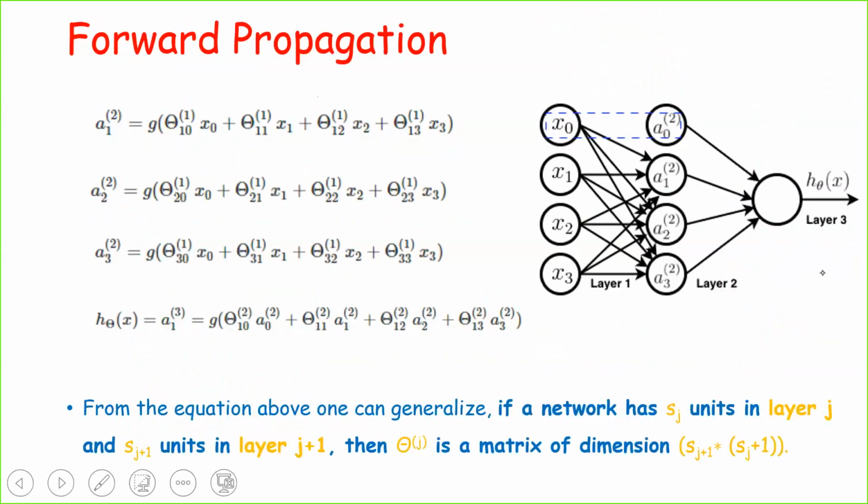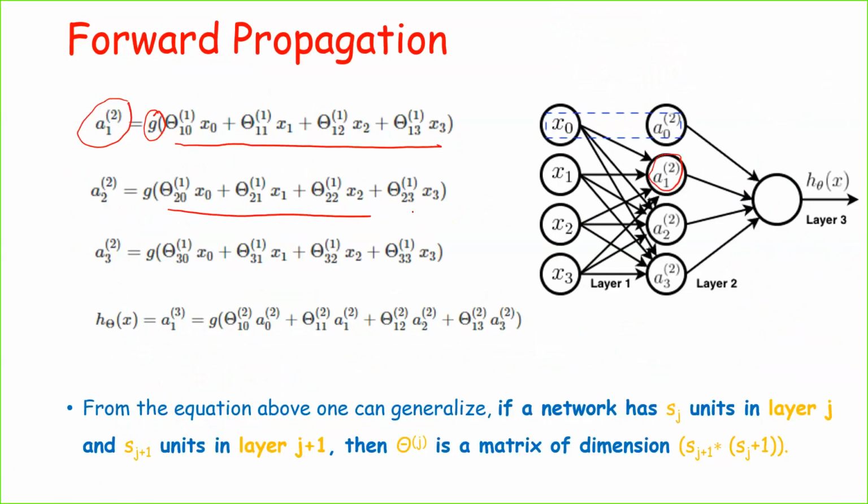So this is forward propagation. You are taking the inputs, multiplying them with the corresponding weights, and then giving it to the sigmoid function, getting the activation unit A12, which is this. Similarly, taking the inputs, multiplying them with the corresponding weights, giving it to the sigmoid, getting A22. Similarly, you get all the activation units at layer 2, A12, A22, and A32. Now add the bias term.